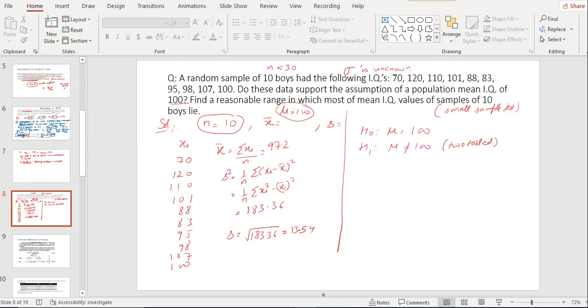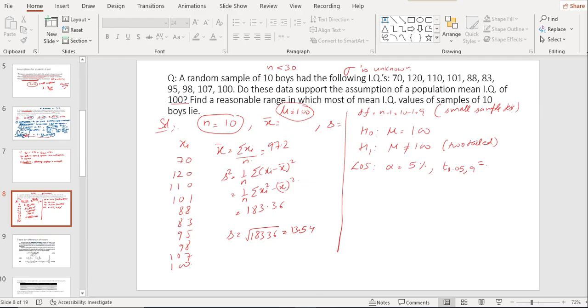Two-tailed alternative. Now the next, because level of significance alpha is not given here, so we can choose the level of significance alpha as 5%. So we need to check the value of t at 5% level of significance, and degree of freedom is n minus 1. N minus 1 means 10 minus 1 is 9. So we are going to check its value at 5% level of significance and 9 degrees of freedom.